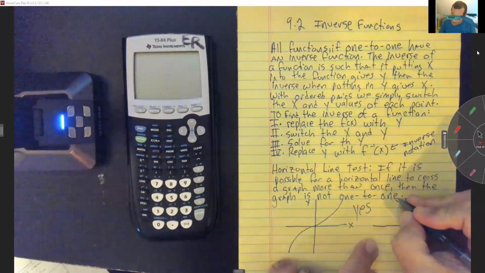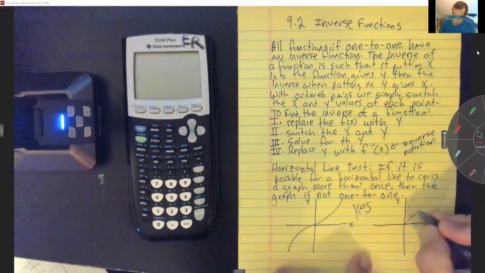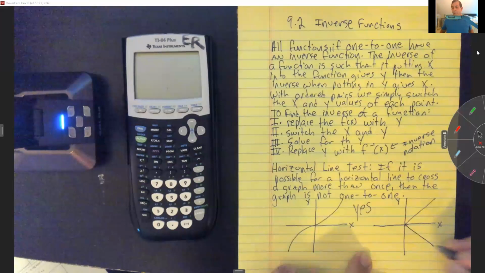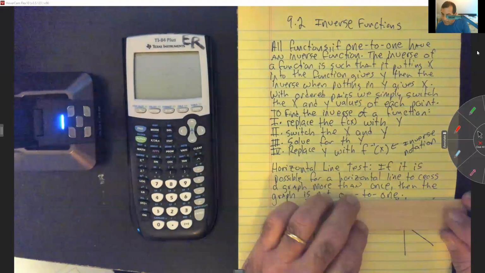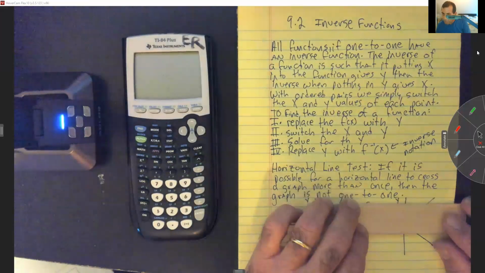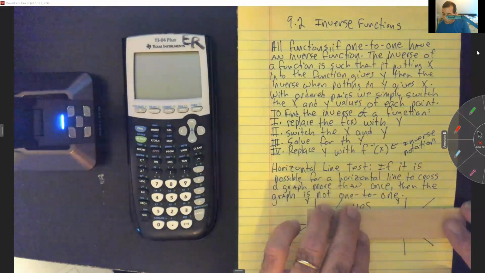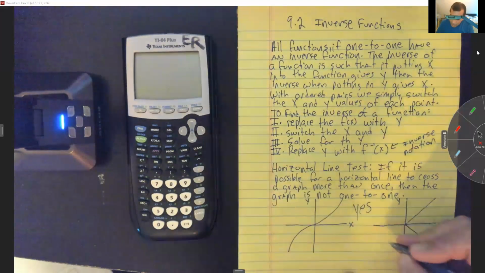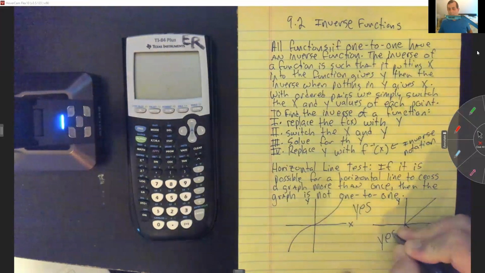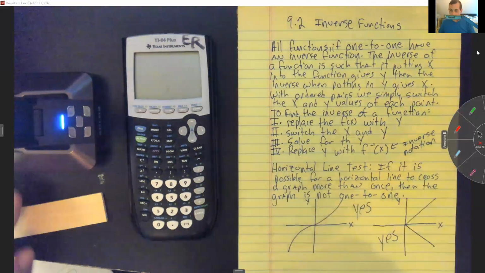So say I had a graph that went like that. You would still come down with that horizontal line, and notice it doesn't cross the graph more than once. So this would also be a yes.